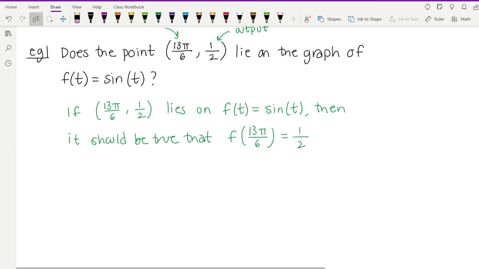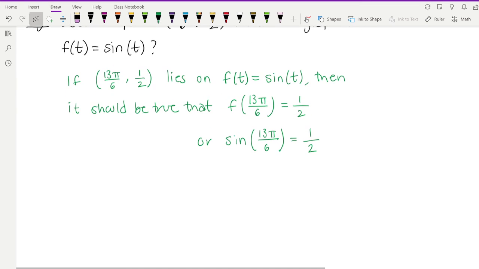And then what's another way of saying f of 13 pi over 6 equals 1/2? Well, that would be sine of 13 pi over 6 is equal to 1/2. So basically, if we want to check whether this point lies on the graph, we need to check, does sine of 13 pi over 6 equal 1/2? We can check that just by looking at the unit circle.